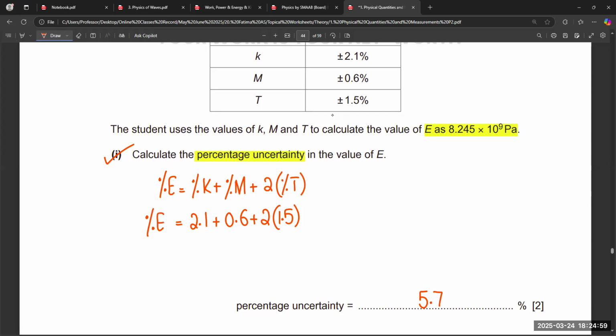So this is the percentage uncertainty for the value of E.